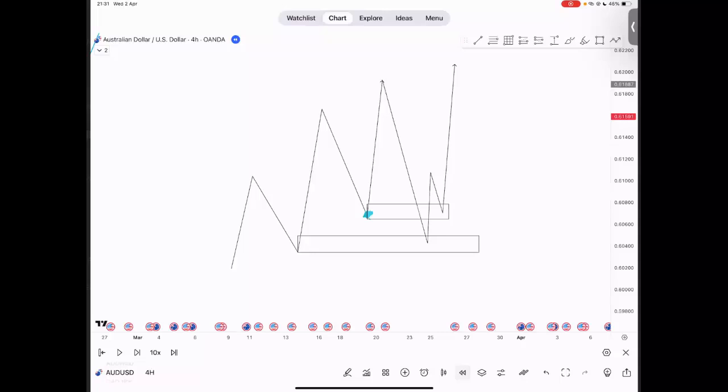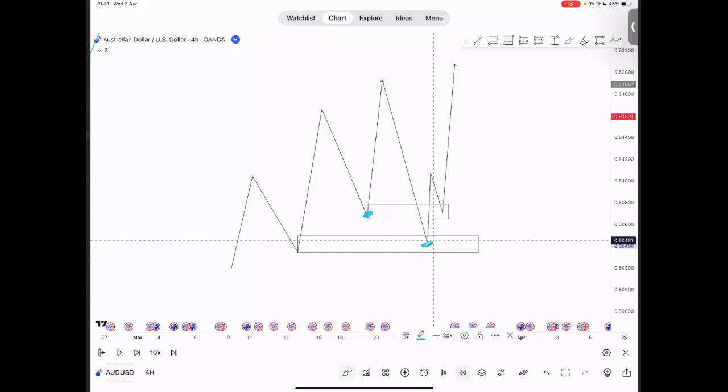So yes, inducement levels can also create reclaimed blocks so long as they mitigated a valid order block. It must be coming from a valid order block. Then this can be a continuation to take out and put in a new higher high. So remember that this initial mitigation must be on a valid order block. Okay.